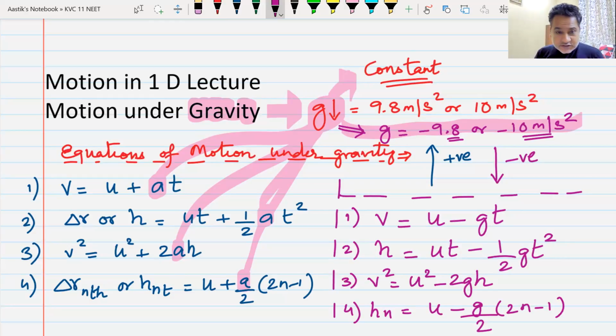If the left hand side equation looks better to you, you can use those. It's up to you. Do we get this? Yes or no? Remember, I put the value of a as minus g, but the rest I have not changed. So you'll have to see how the different values of v, u, and h are. Anyone understands this? Everybody noted this down?